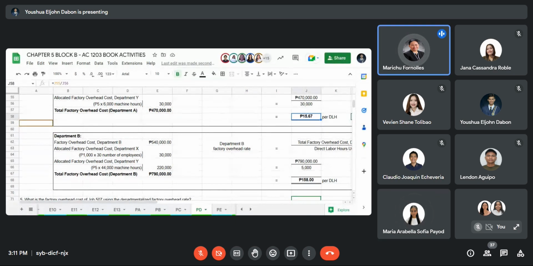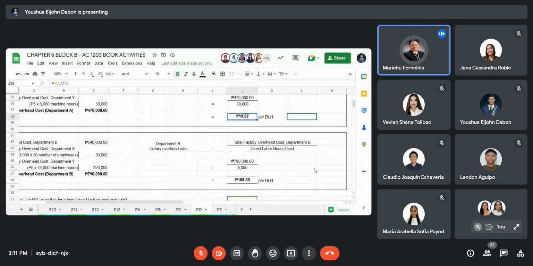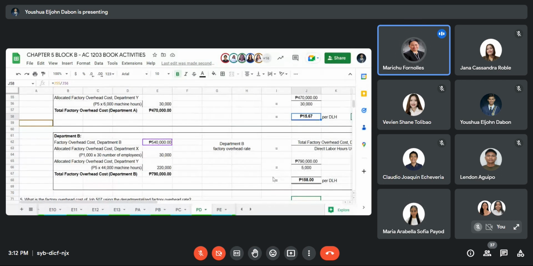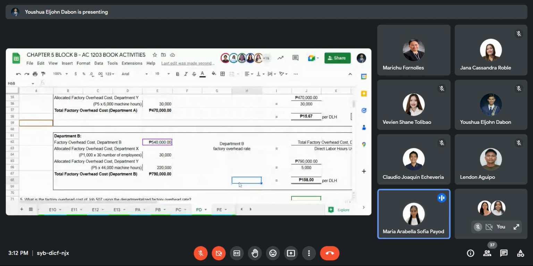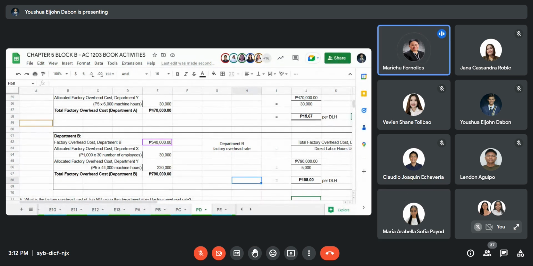Again, you try to figure out what was the total overhead assigned to B. You have the estimated overhead before the allocation of B, which was 540,000. Yes, miss. Plus, how much is the amount allocated to B for its shares of service departments?